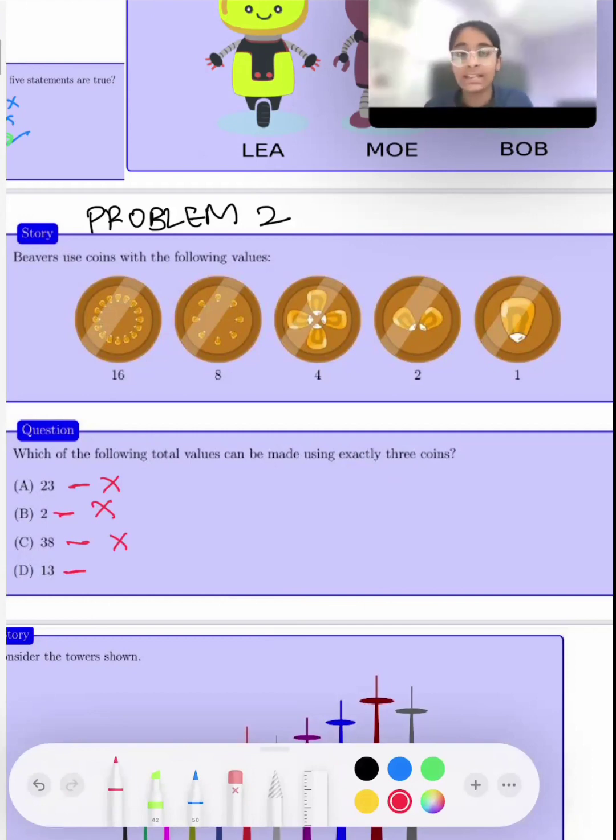So would anyone like to tell me how we can make 13? Like what coins should we use to make $13?